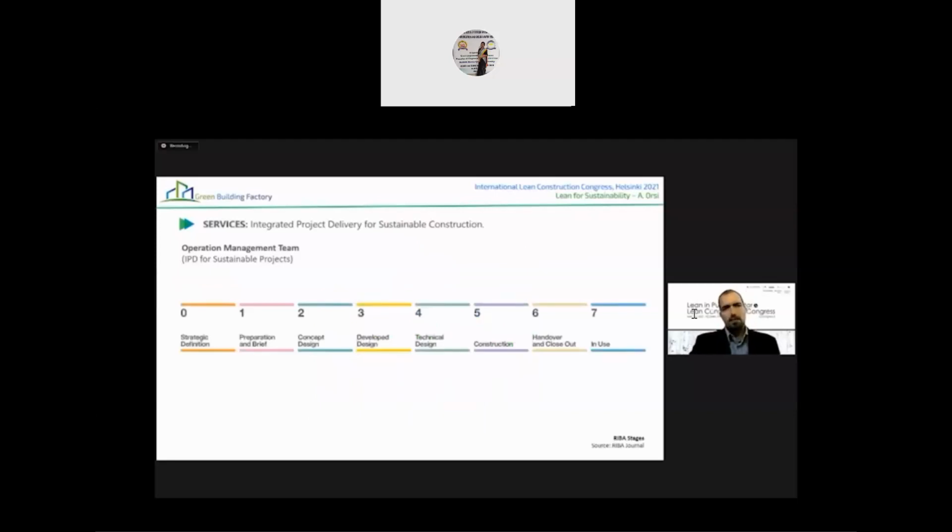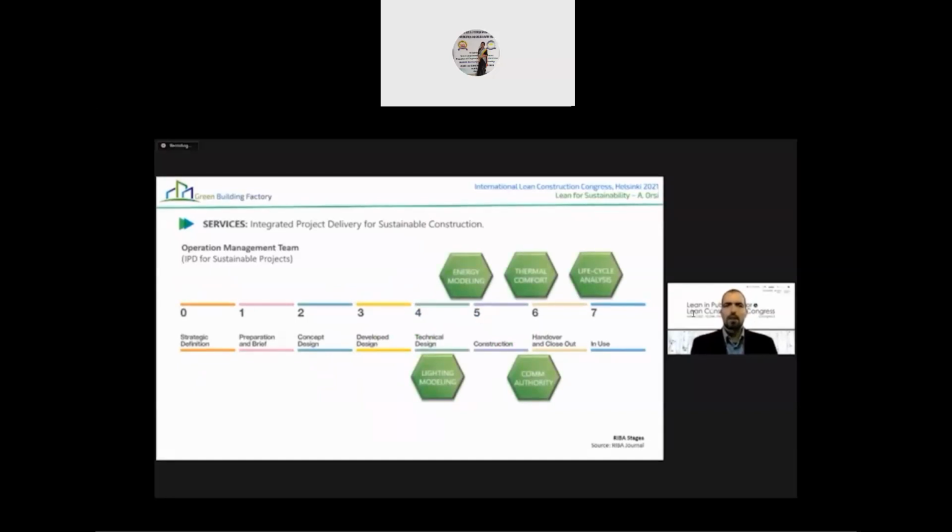The idea is then to have all the services that we saw before provided by one single supplier, therefore standardizing the processes and limiting the problems.